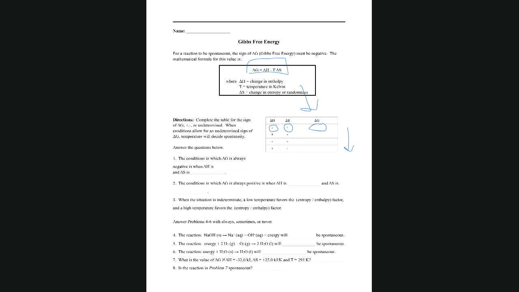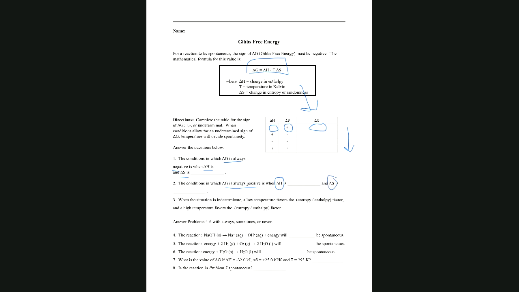Then this first question here, the condition at which the Gibbs free energy is always negative is when the enthalpy is, and it's looking for what sign it's going to be, and what sign the entropy is going to be. And then question 2, the Gibbs free energy is always going to be positive when the enthalpy has a particular sign and the entropy has a different sign.